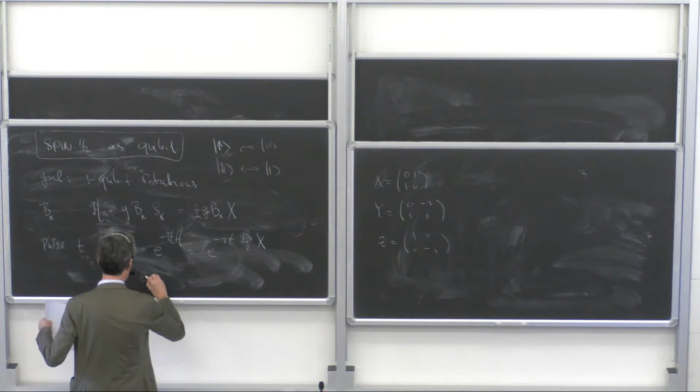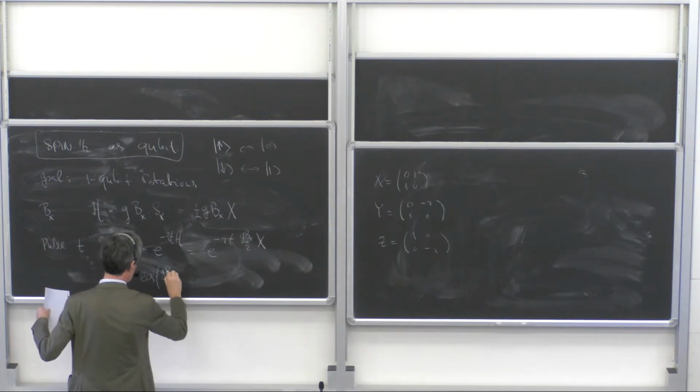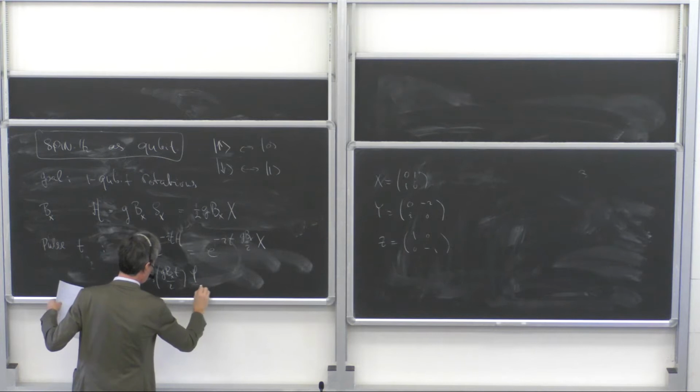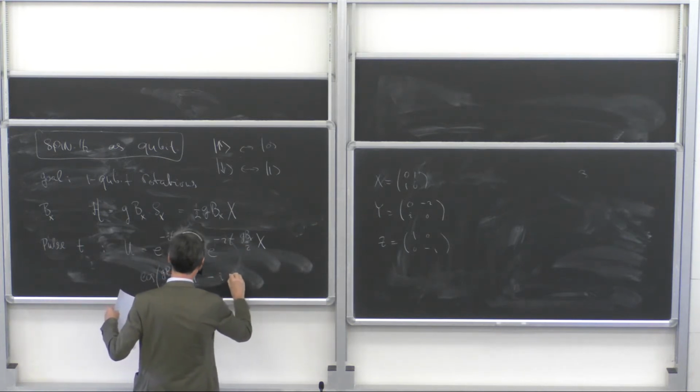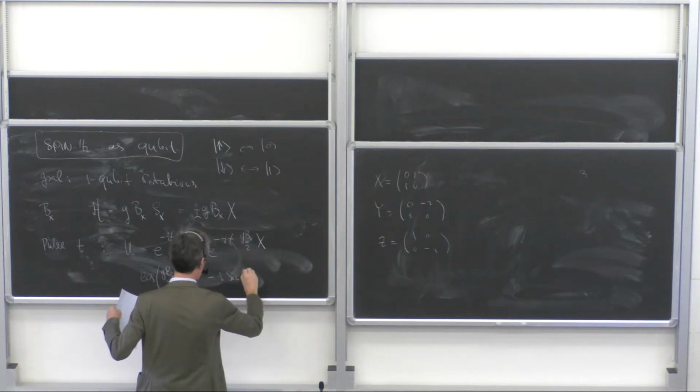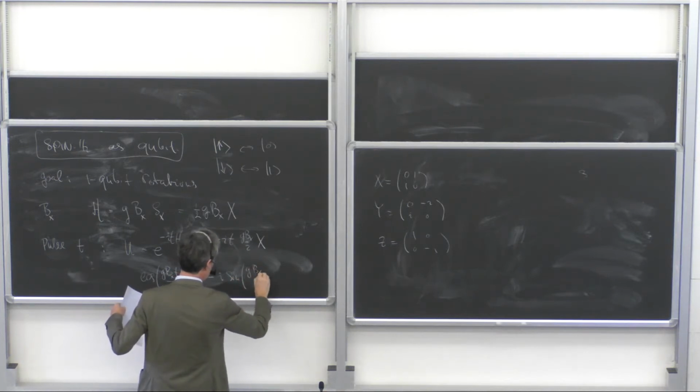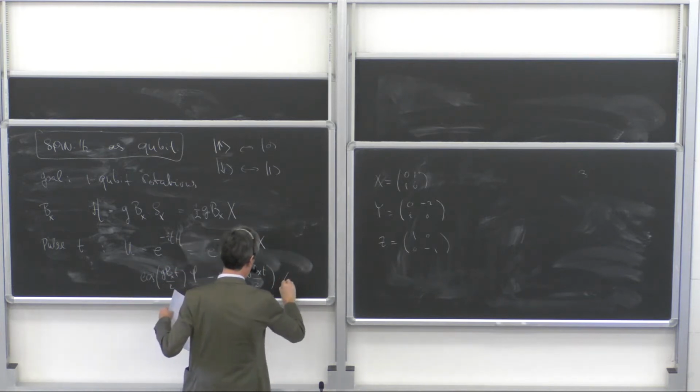There's a cosine of the time factor, g Bx t over 2, times the identity, and then minus i times the sine of the time factor, g Bx t over 2, times the X matrix itself.